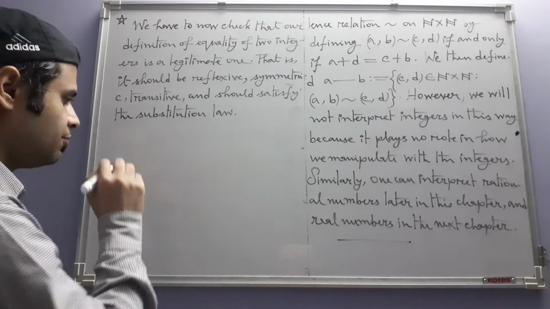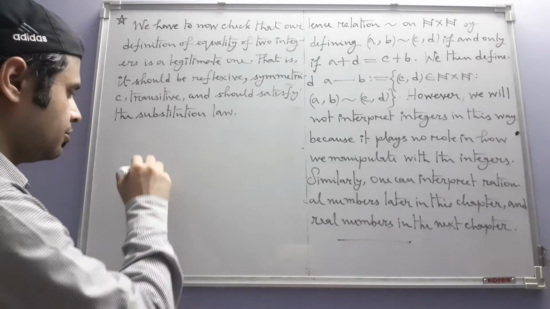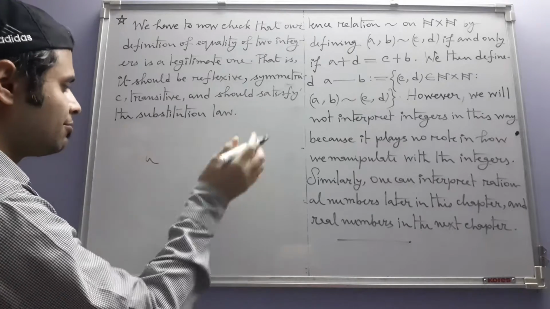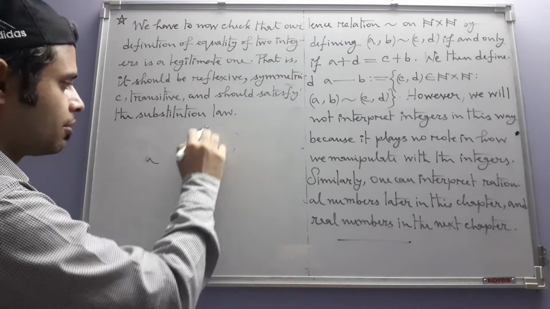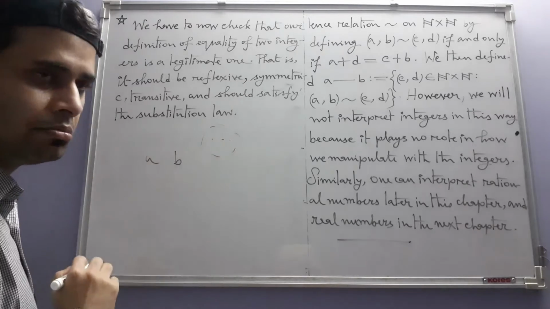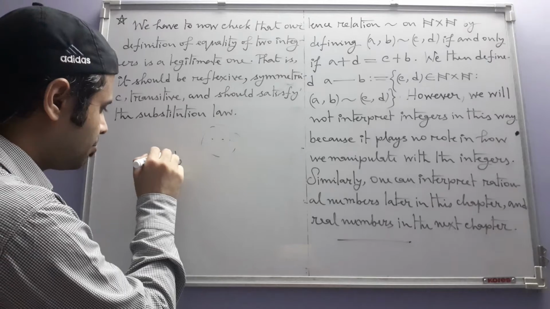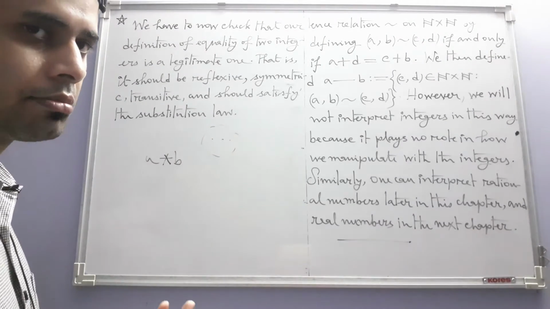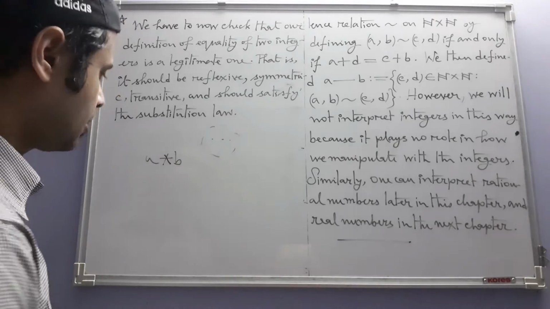For example, if you have defined a class of objects where you have two objects A and B, and you define a binary operation star, so A star B will be again some such object in that class.